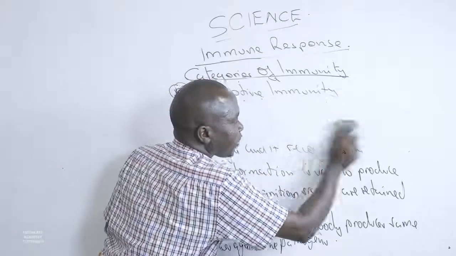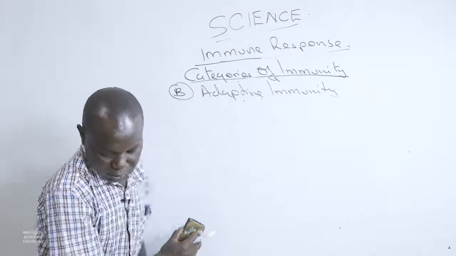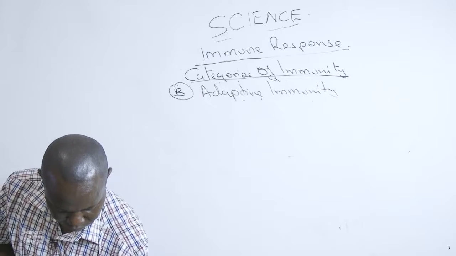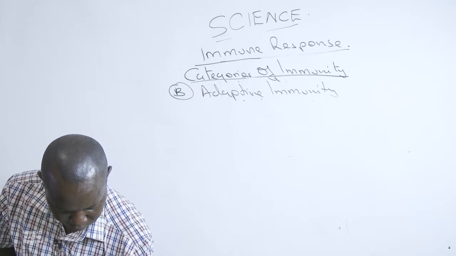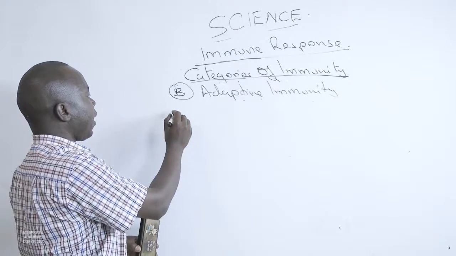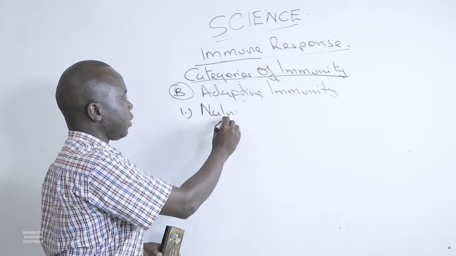And then we have different types of this adaptive immunity. We have said we have two types. We have one, naturally acquired.